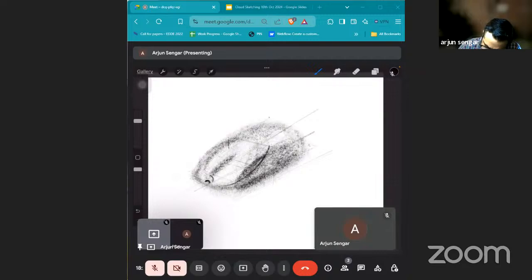Now I will start. So the thing I am adding is to make it look more like a mouse, for more darkness, our shadow.